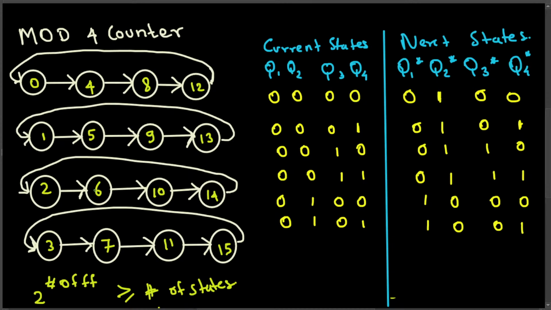If it's 6, 0, 1, 1, 0, the next state is going to be 10: 1, 0, 1, 0. And if it's 7, that is 0, 1, 1, 1, the next state is going to be 11, that is 8 plus 3, so we have 1, 0, 1, 1. Okay, now we have taken care of this. Let's go to the next one.